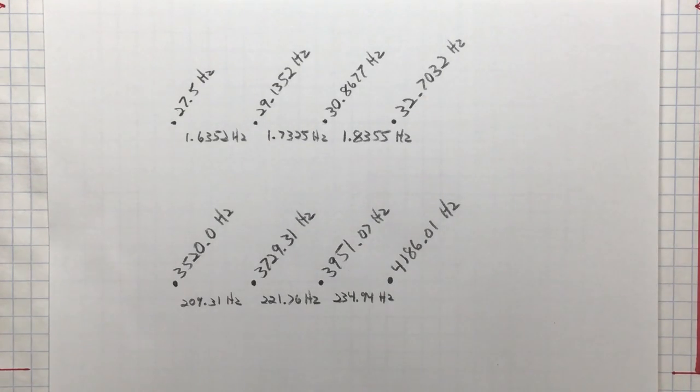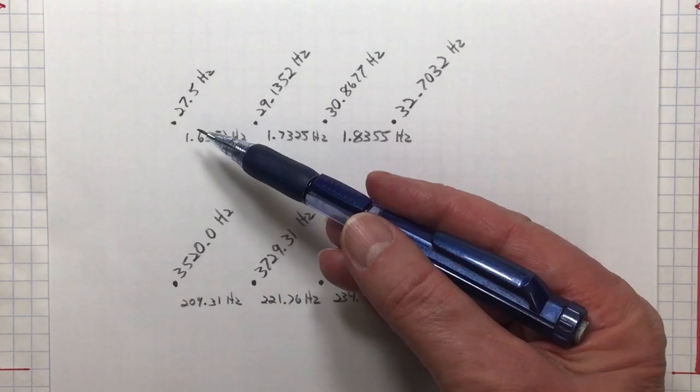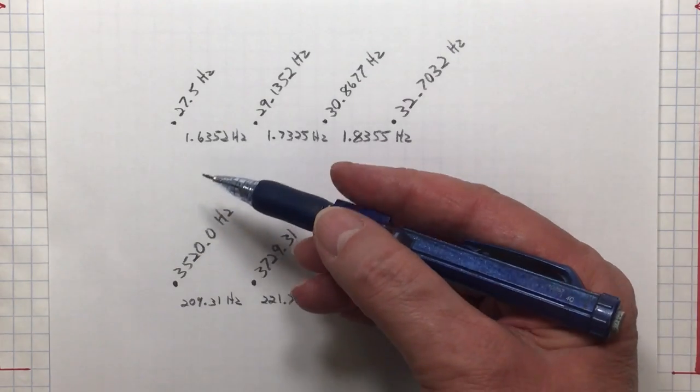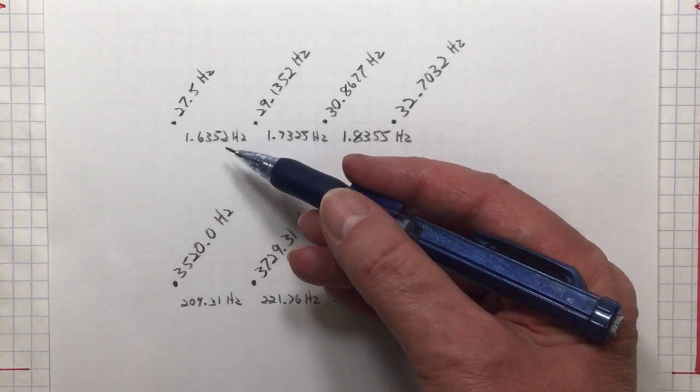In 12-tone equal temperament, the distance between two adjacent points of sound is supposed to be the same. At the left, lower end of the piano, the first 2 tones are different by 1.6352 hertz.